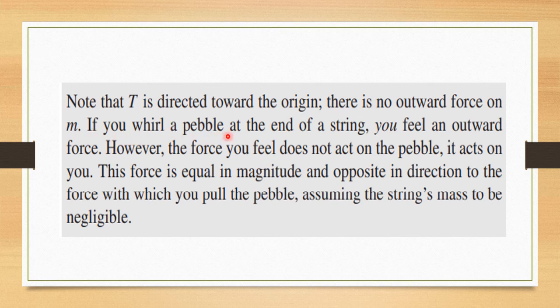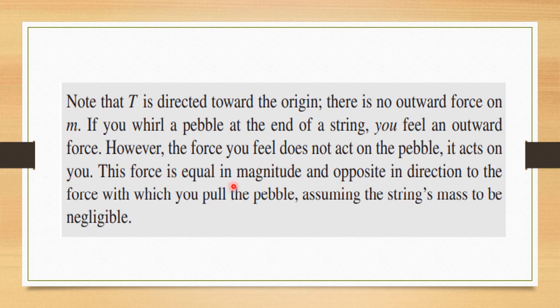Now if we whirl a pebble at the end of a string, you feel an outward force, right? When we start whirling a pebble at the end of a string, you feel a force in the outward direction. However, this force you feel does not act on the pebble, it acts on you, on the hand with which the rotation is taking place.